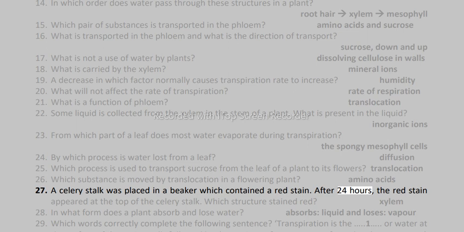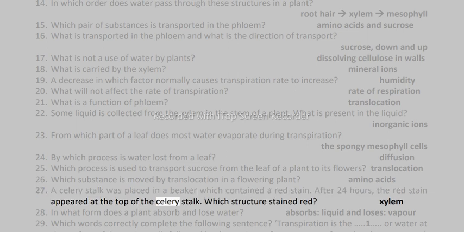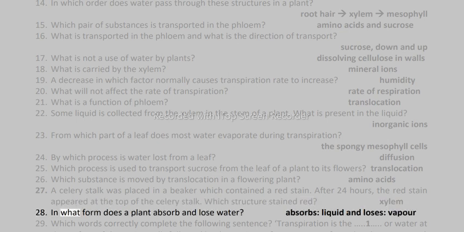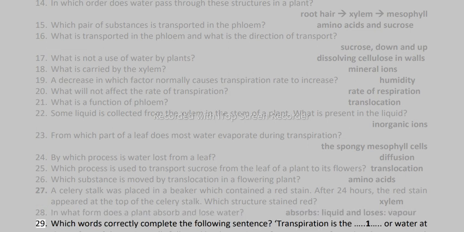27. A celery stalk was placed in a beaker which contained a red stain. After 24 hours, the red stain appeared at the top of the celery stalk. Which structure stained red? Xylem. 28. In what form does a plant absorb and lose water? Absorbs liquid and loses vapor. 29. Which words correctly complete the following sentence?